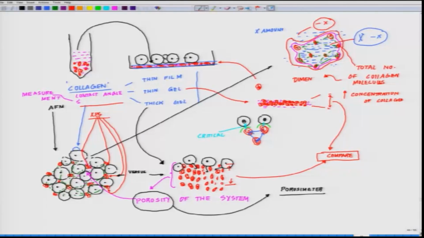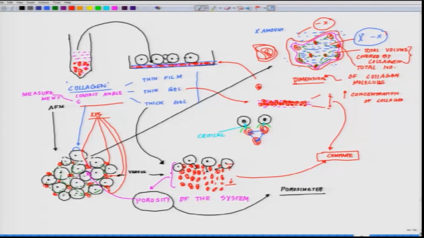That you can see in the literature. So, if you know the dimension of a collagen molecule and if you know the total number, then you can back calculate the total volume covered by collagen.